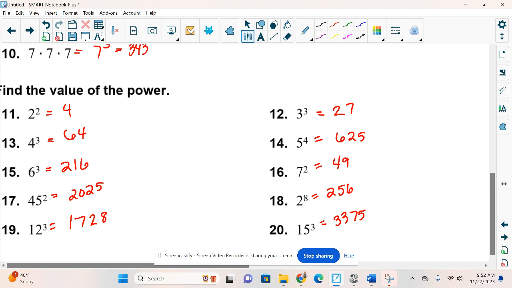Okay, so that's what I got. You can check to make sure you got everything. You just gotta pay attention that you punch it into the calculator correctly, and then you should get it.